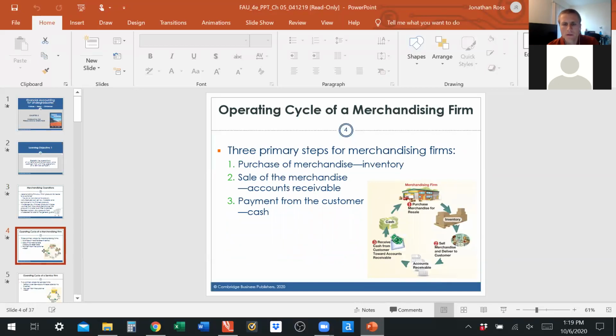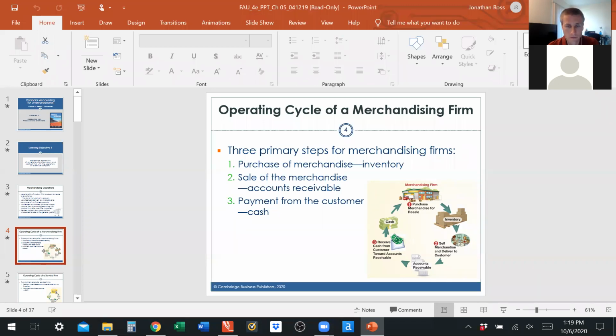So the operating cycle for a retailer, 3 primary steps. Retailer will purchase the merchandise, or you call it inventory. They'll purchase the inventory from the wholesaler. Then they'll turn around and sell their inventory to the consumer. And they'll have an account receivable with that consumer.